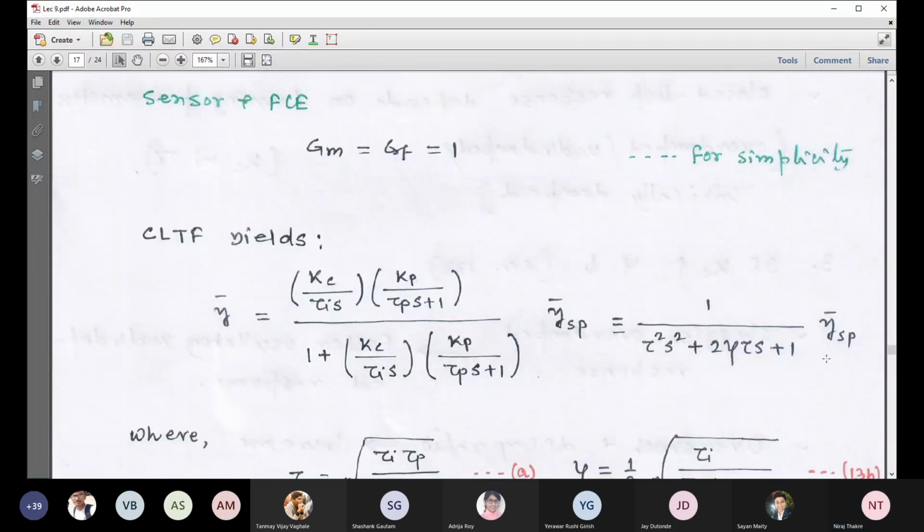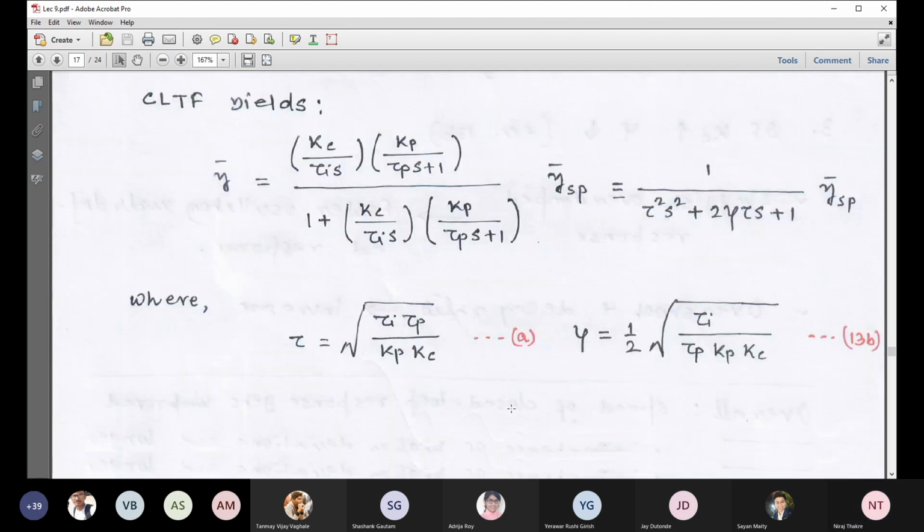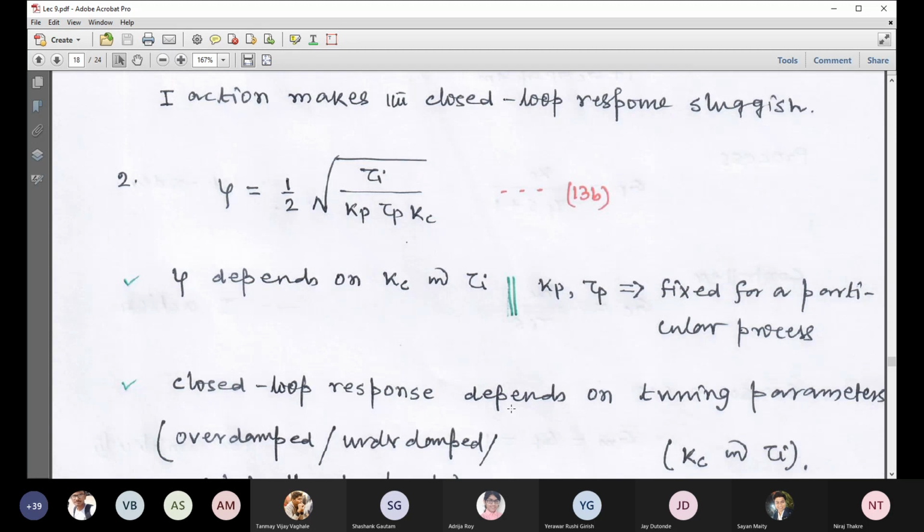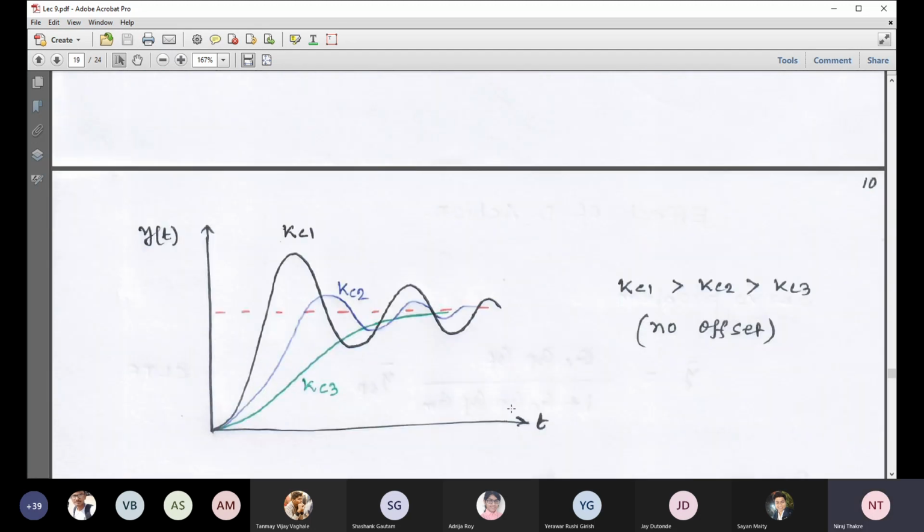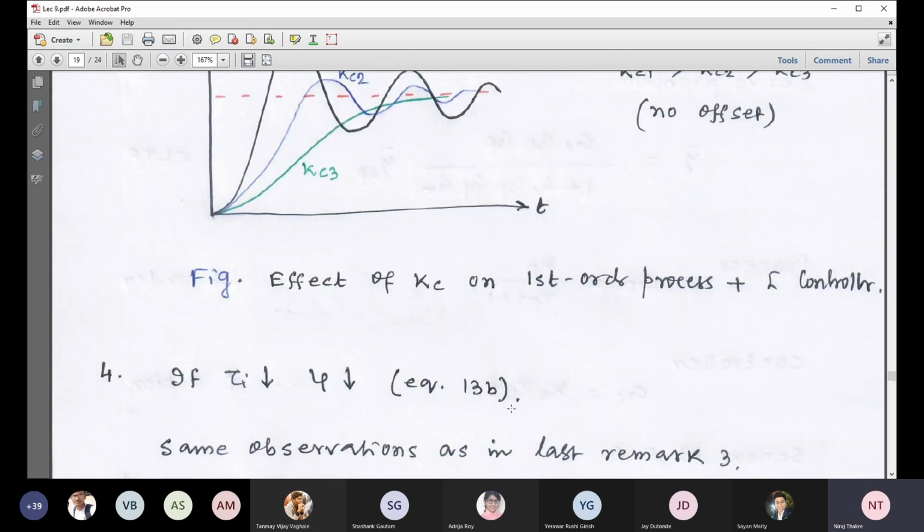You just consider this one for finding the offset. I repeat, this is the closed loop transfer function we have derived, and we want to use this equation for finding the offset. Let me know now what the offset is.